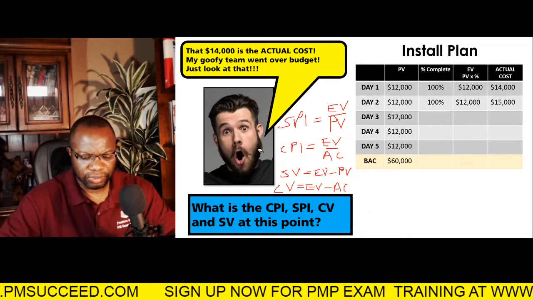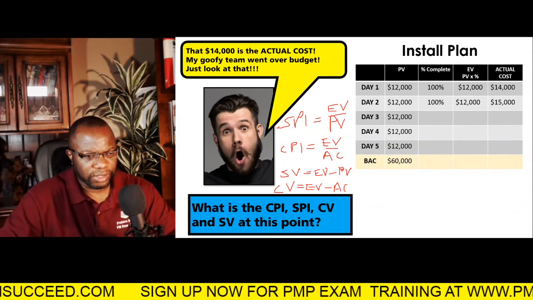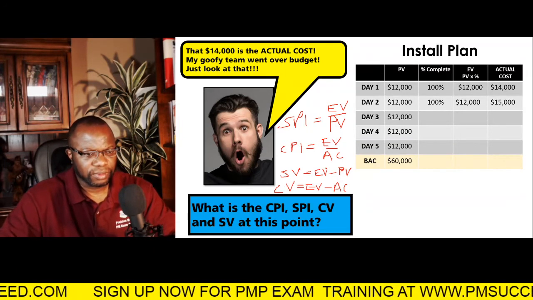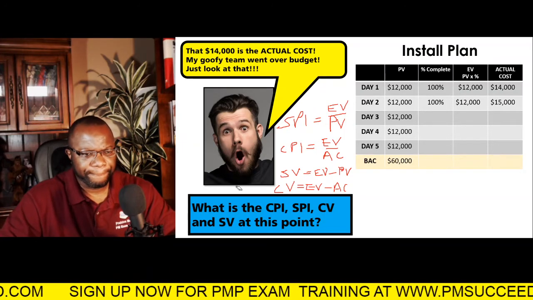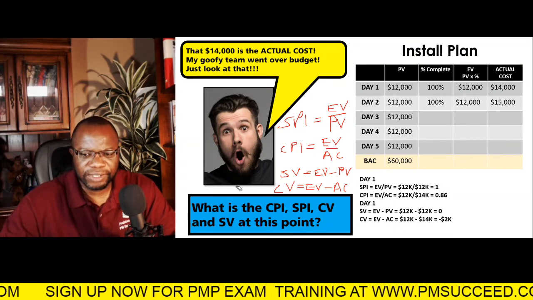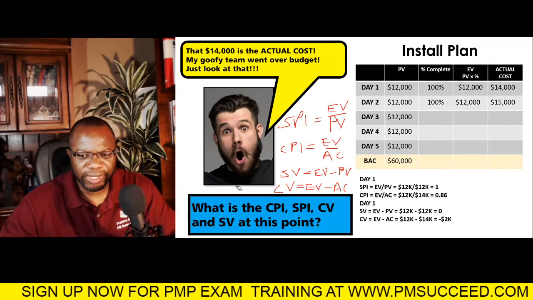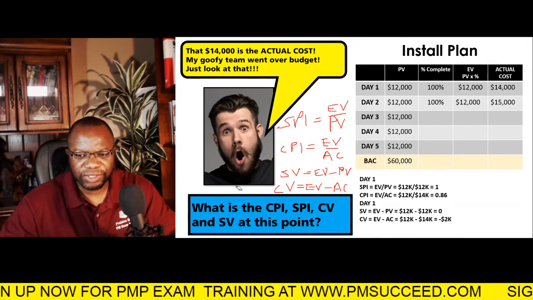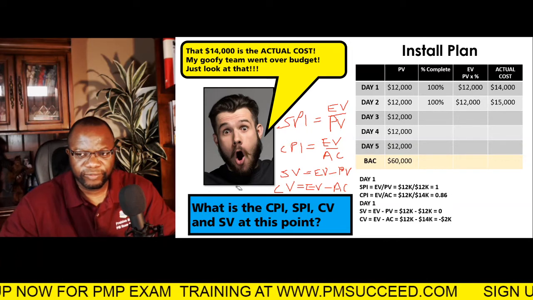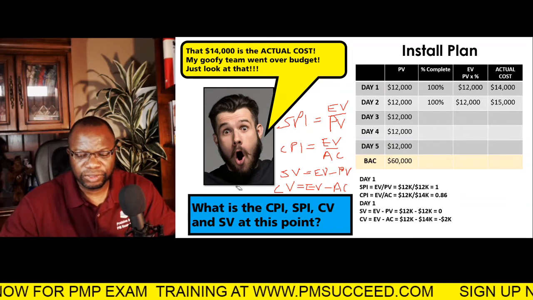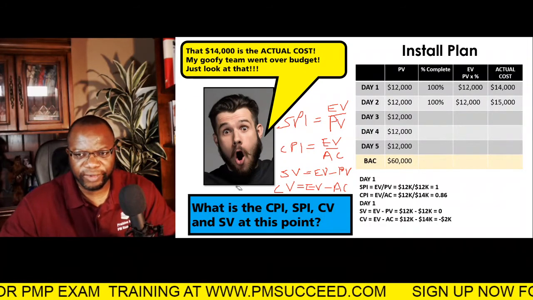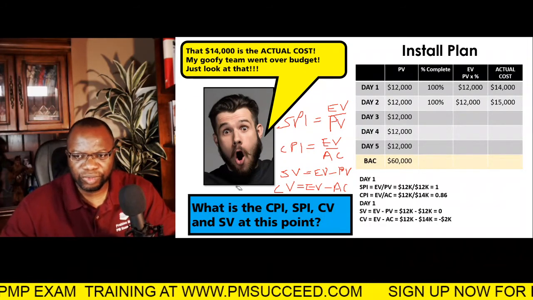So, indices and variances. Here we go. So the indices, we have 1 and 0.86. The variances, we have a 0 for day 1, and we have a minus 2K for the cost variance, which shows we're not doing very well.